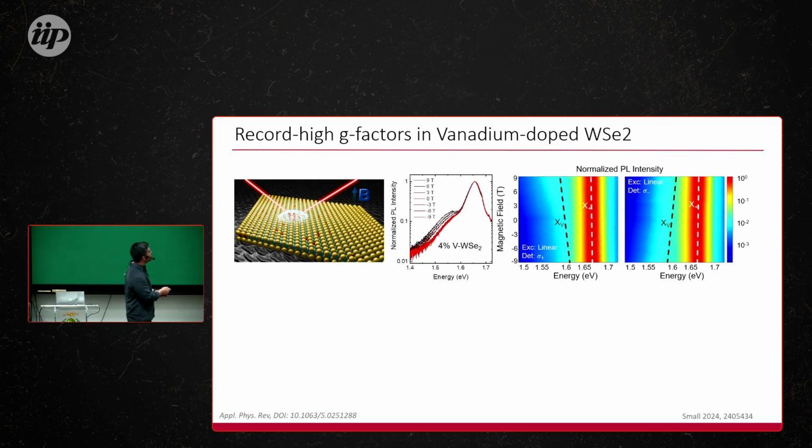This is what we see over here. This is a considerably highly doped WSe2 material with vanadium, and each color means a different magnetic field. This peak over here is the direct band gap I mentioned before. Actually, this is an exciton, for those who want the more technical name, a free exciton.